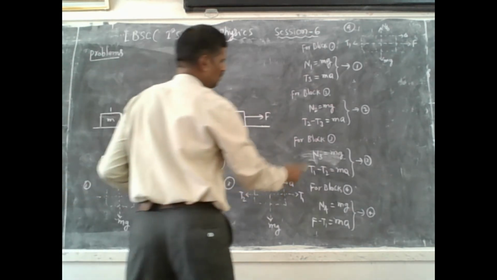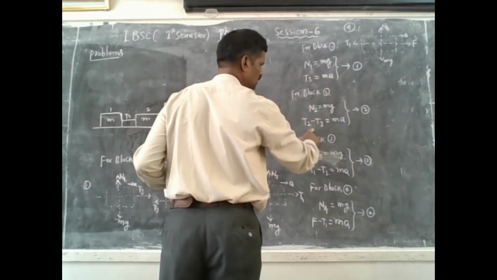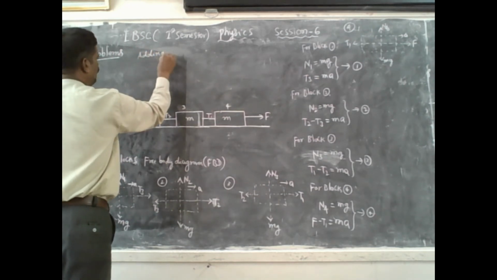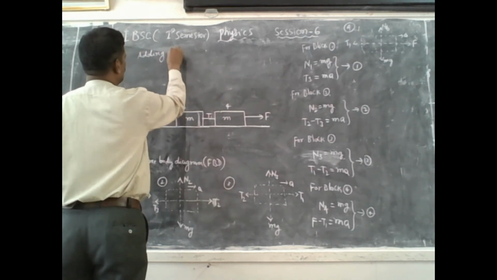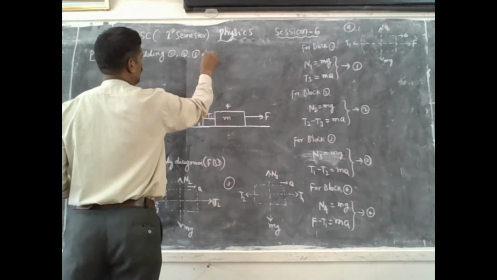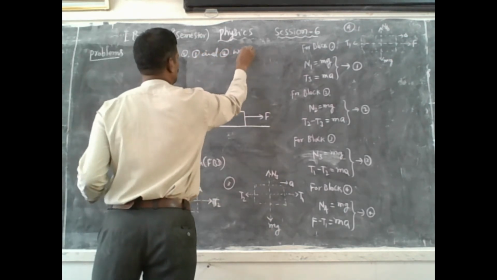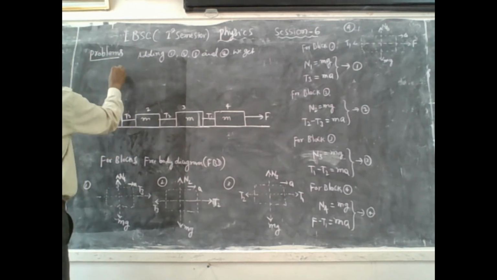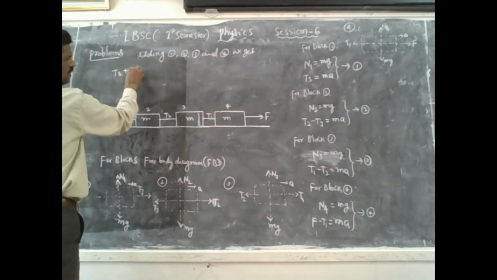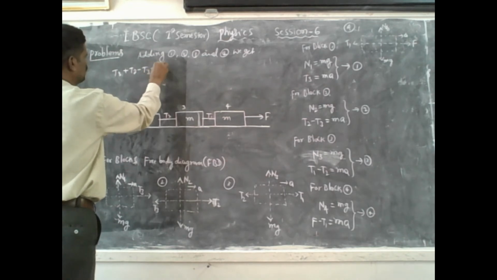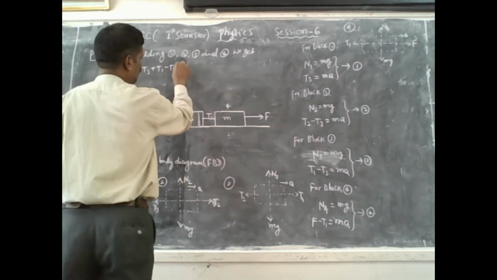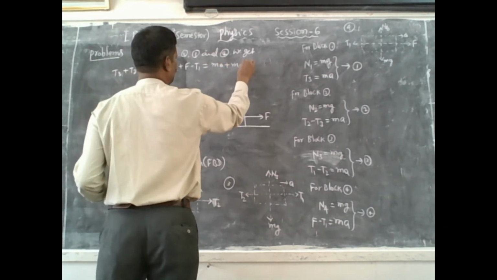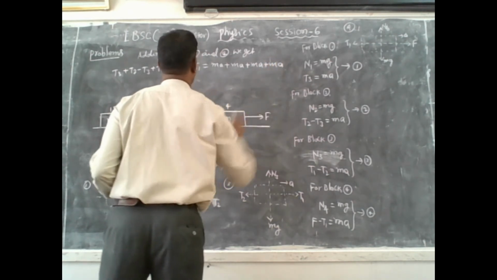So now adding the tensions from equations 1, 2, 3 and 4, we get from left sides and right sides T3 plus T2 minus T3 plus T1 minus T2 plus F minus T1 equals MA plus MA plus MA plus MA, isn't it?